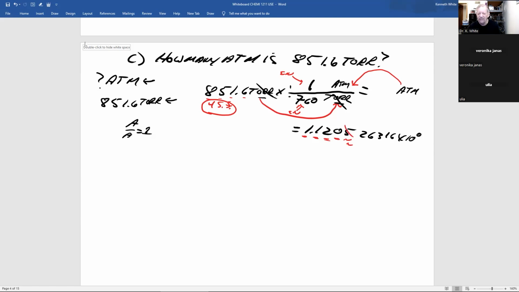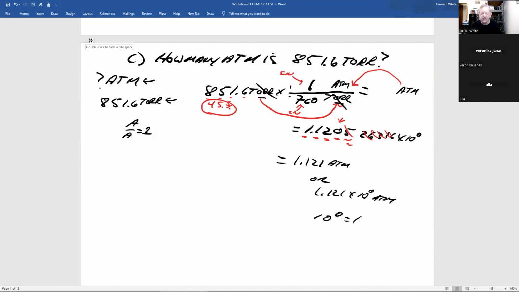So I'm going to drop this and all these numbers afterward, increase this by 1, and the answer would be 1.121 atmospheres, or you could have written it this way too. Remember, 10 to the 0 equals the number 1. And that's how you do it.